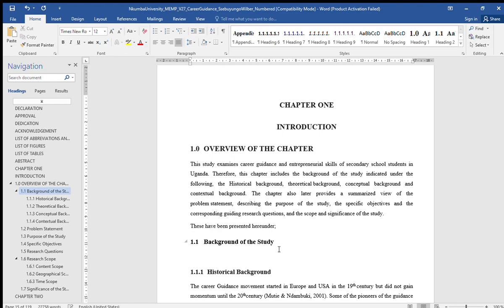The background of the study has been presented in 4, we call them 4 perspectives, below.